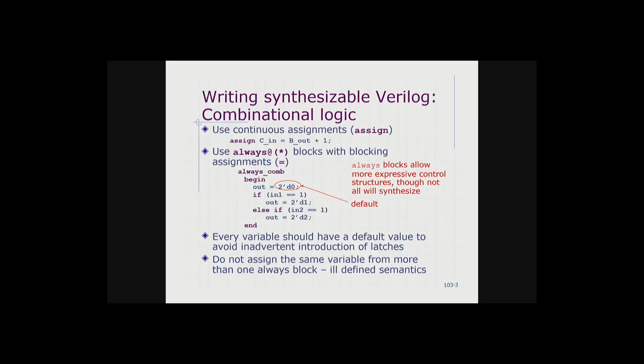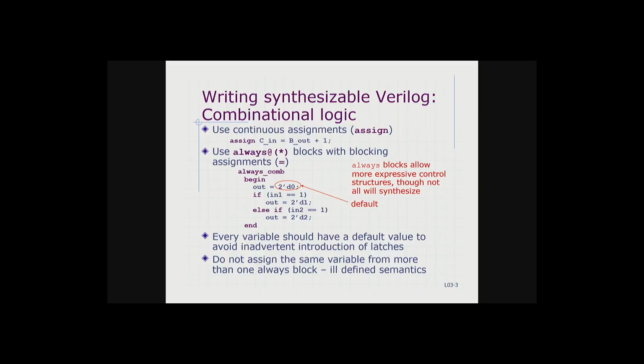So if I have ifs without else, if I have if, else if, and no final else, or a case without a default, anything like that is going to give me what's called an implied latch. So if you want combinational logic, your last expression, if, else if, there should be an else at the bottom. Otherwise, you have the possibility that you're asking it to remember something.